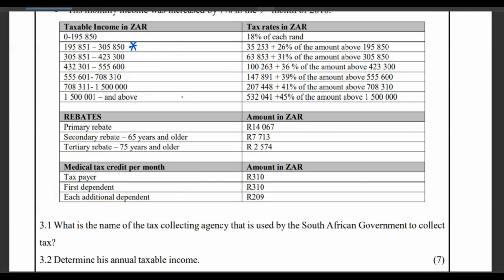What are you going to do? You say bracket number 2, and you pick this number here, which becomes 35,253 plus 26% into the bracket.